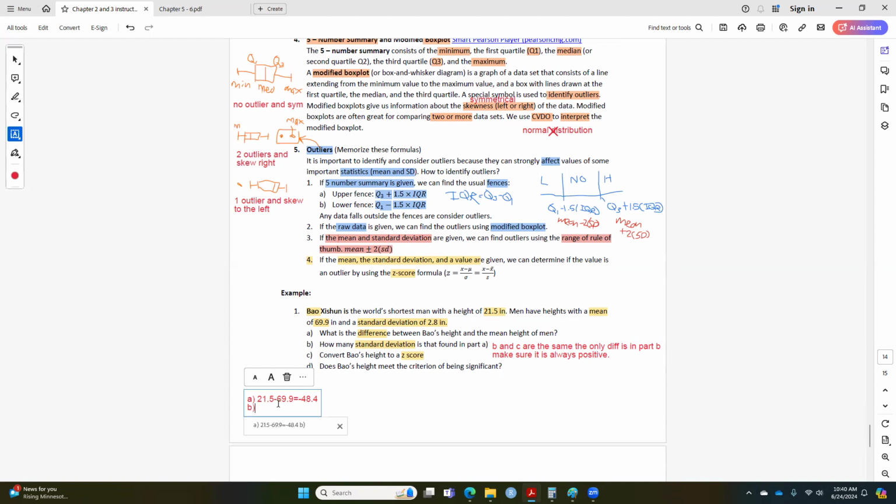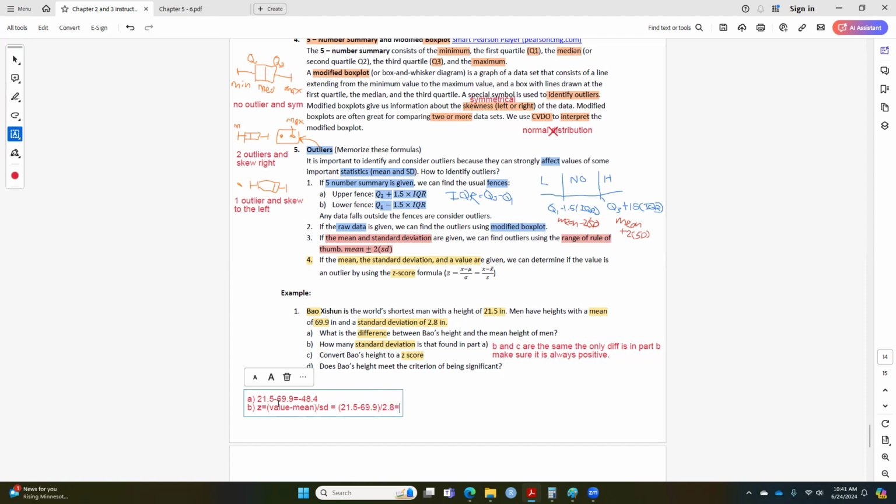So in part B, you still need to find the z-score. The z-score in this case is you take the value minus the mean, in parentheses, and then divided by your standard deviation. So the value is 21.5 minus 69.9, and then you divide it by the standard deviation of 2.8.